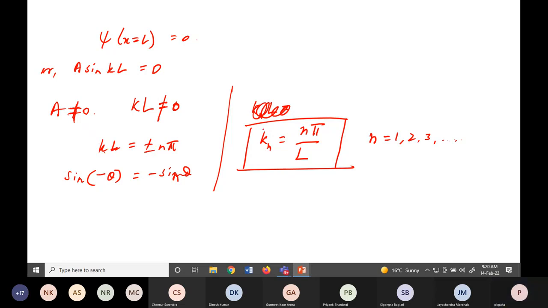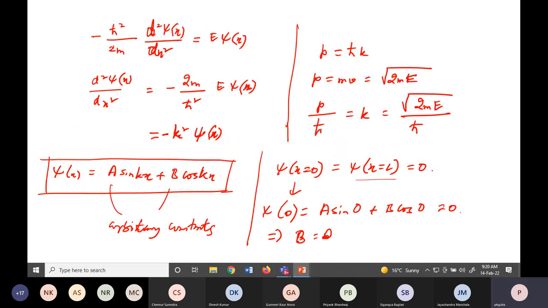So only specific values of k are possible, right? So k becomes quantized. The popular way to say it is that k becomes quantized due to this boundary condition, right? What is the boundary condition?